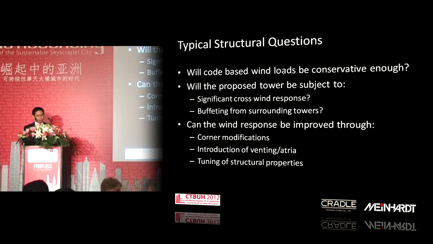So the question becomes, are the code loads conservative enough? Will the proposed tower, if it has sharp angular corners, have a significant cross-wind response? Or if you're in an urban environment, are you subject to buffeting from surrounding towers? And if the answer to these two is yes, usually we get suggestions from the wind tunnel that maybe you can do some corner modifications, venting area, or tuning of structural properties.